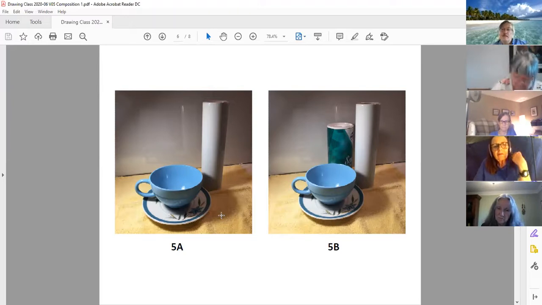It's usually more pleasing to the eye. And in terms of counting the saucer and the mug, for me, those two are one element because it's a grouping, it goes together. So in 5A we have two elements. The saucer and mug together is one, and the vase here is two.